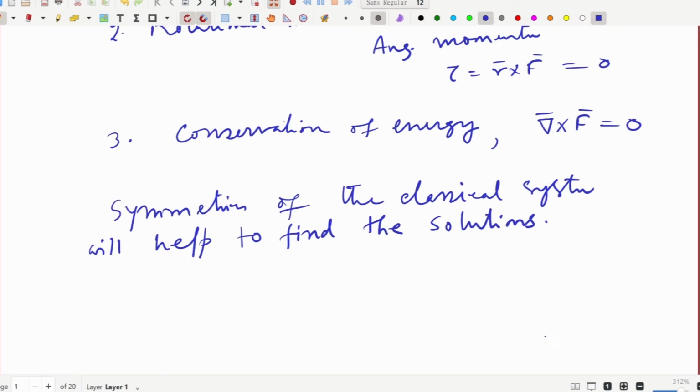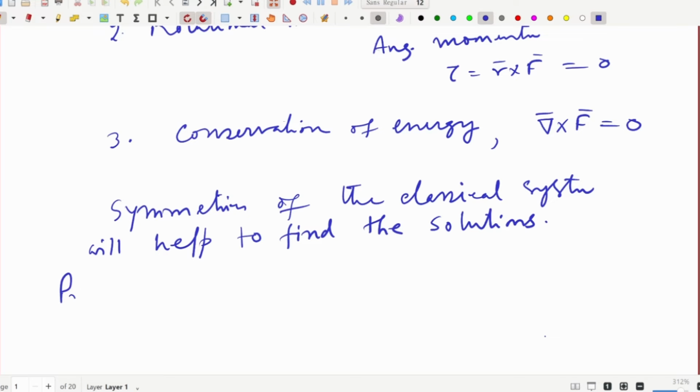Now this is all about Newtonian mechanics, and now we'll see what are the problems associated with it. So let me list down problems in Newtonian mechanics.